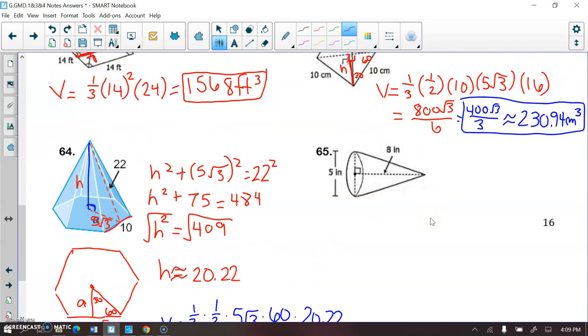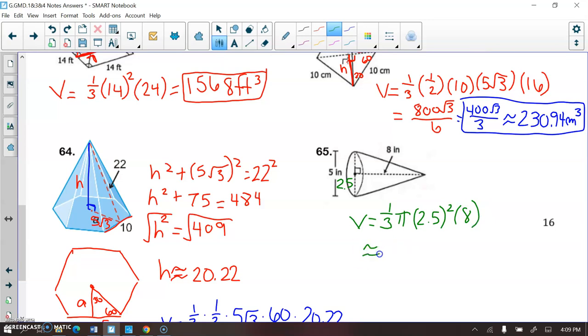Okay, so let's look at the next one, which is a cylinder. Not a cylinder, sorry, a cone. I apologize. So my radius of this cone is 2.5. So my volume is going to be 1/3 pi times 2.5 squared times the height, which is 8.